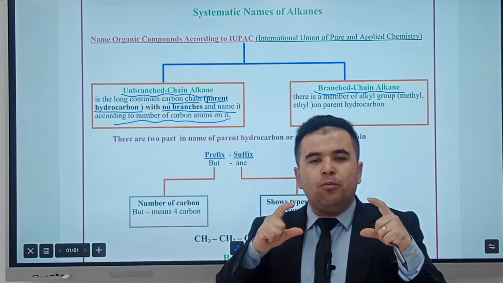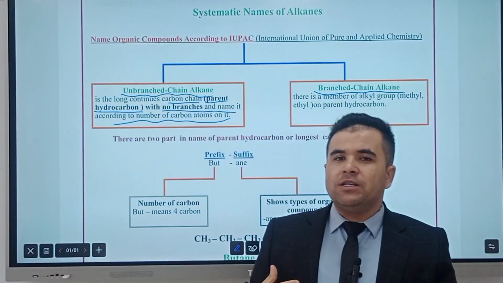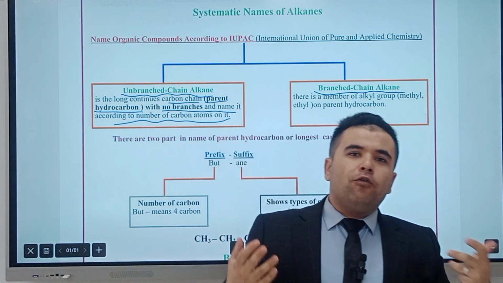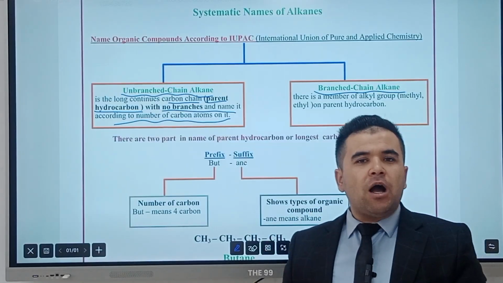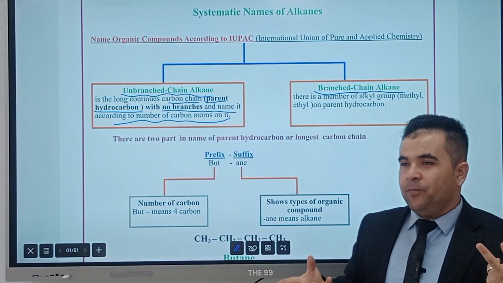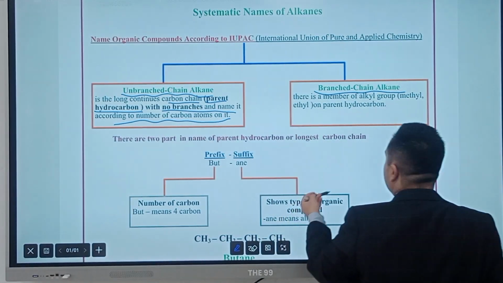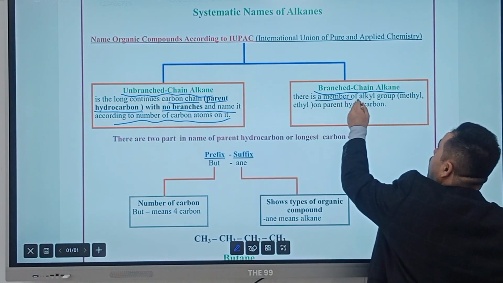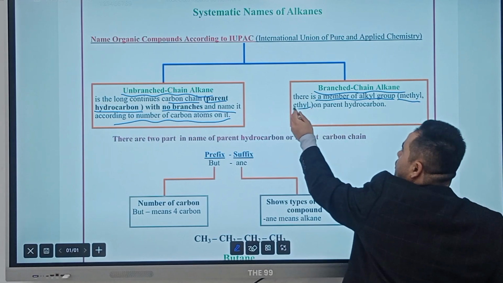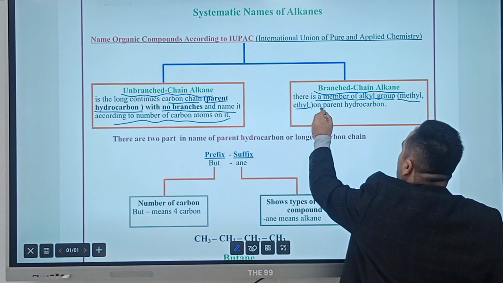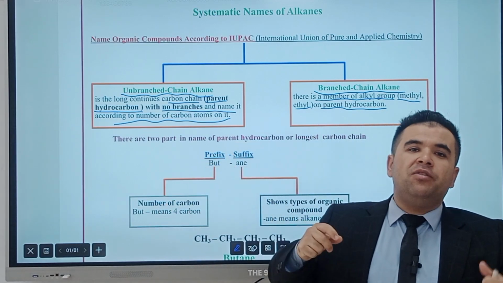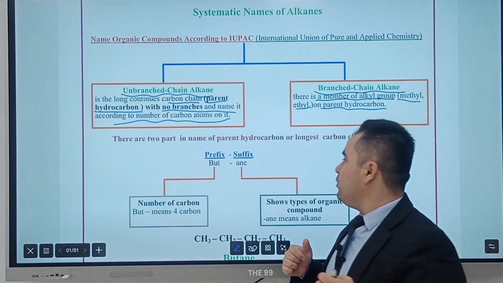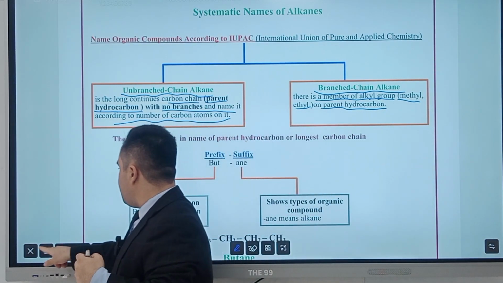If the chain is composed of 3 carbons, we call it propane, 4 carbons butane, 5 carbons pentane, 6 carbons hexane, and so on. But if it's branched, there is a member of the alkyl group like methyl, ethyl, propyl, and so on, on the parent hydrocarbon. You have to name the alkyl group and then name the parent. That will be the only difference between them.